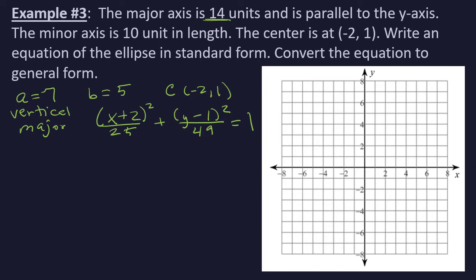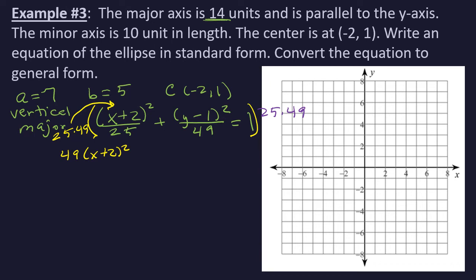So basically what I'm going to do is I need to move my denominators to the other side. So I'm going to multiply each side of this equation by 25 times 49. And what happens is each of my denominators will cancel. So when I distribute the 25 here, my 25s cancel and leave me with 49 times x plus 2 squared.